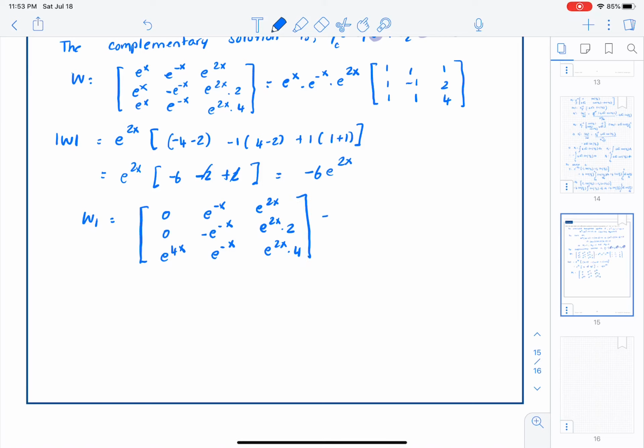Same rule as before. I'm going to pull e raised minus x, e raised 2x out. I have 0, 0, and 4x, and 1, minus 1, 1, 1, 2, and 4.